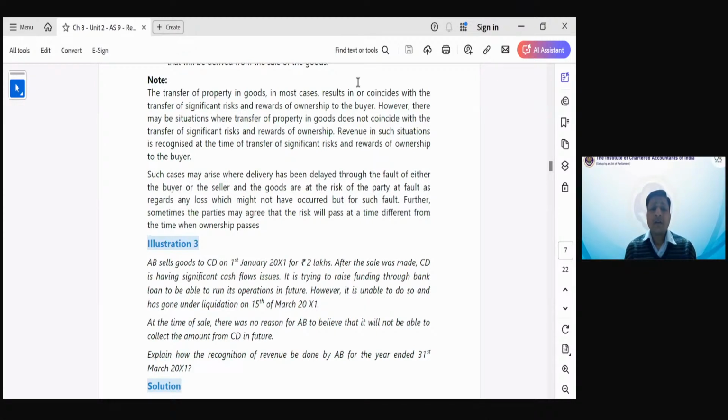However, at the time of sale, there was no reason for AB to believe that it will not be able to collect the money from CD in future. Now, in this case, you are required to explain how this above scenario will be recognized. Over to you.